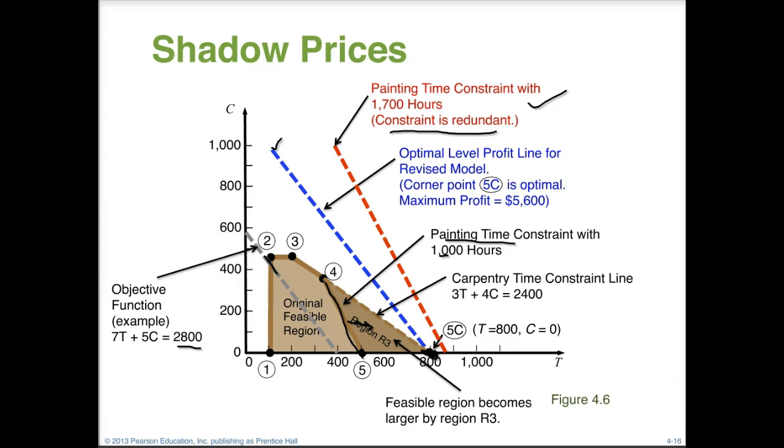I'll do that in a different color just so that we can see that. It's going to intersect right here at 800. So again, what this means is that if we have all the painting hours that we need available to us, and 1,700 is enough for our given situation, then we basically need to make all tables and their chairs.